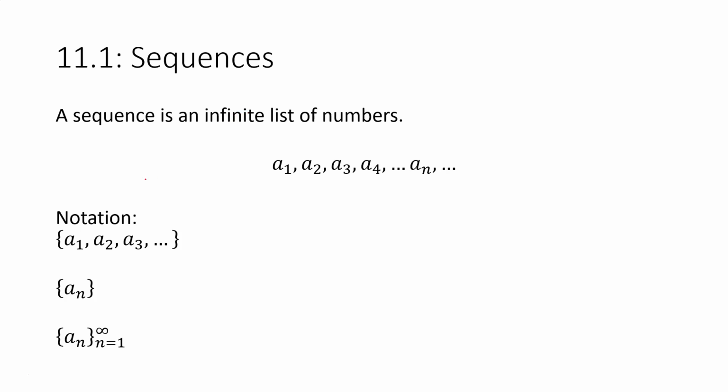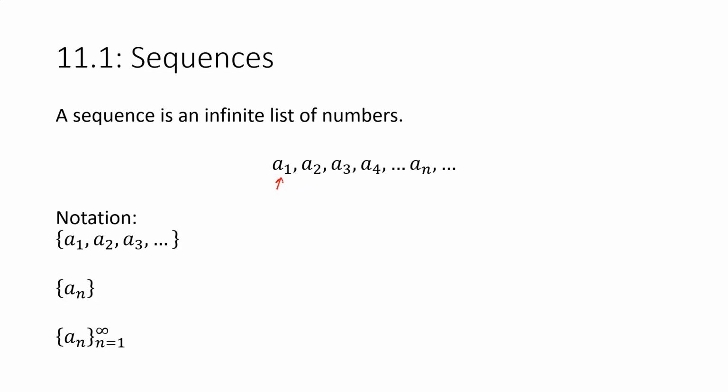One way to think of a sequence is as an infinite list of numbers, A1, A2, A3, A4, and so on. And notice that the way that we're denoting each term of the sequence is with a subscript that tells us in which place that particular term occurs.